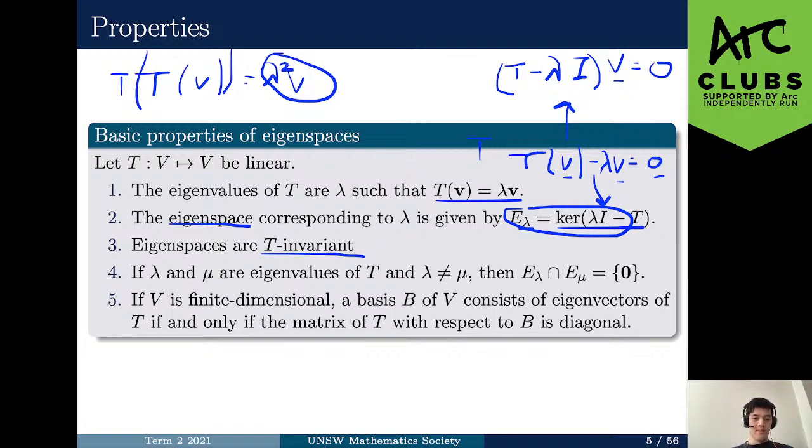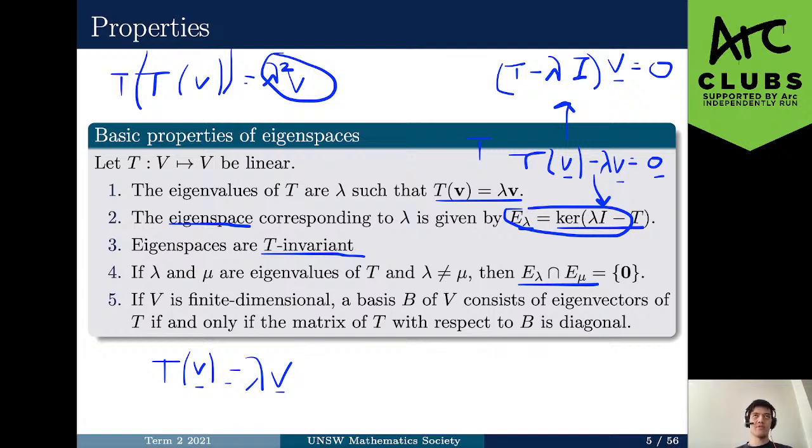And next we're saying that if lambda and mu are distinct eigenvalues of this linear transformation, then the only common element of the eigenspaces is the 0 vector. And again, this should make sense because, well, if we say that lambda is an eigenvalue, that's saying T of V is equal to lambda V, and similarly we can do it with mu. But given a vector, if I apply the linear transformation to it, I'm going to get some fixed answer.